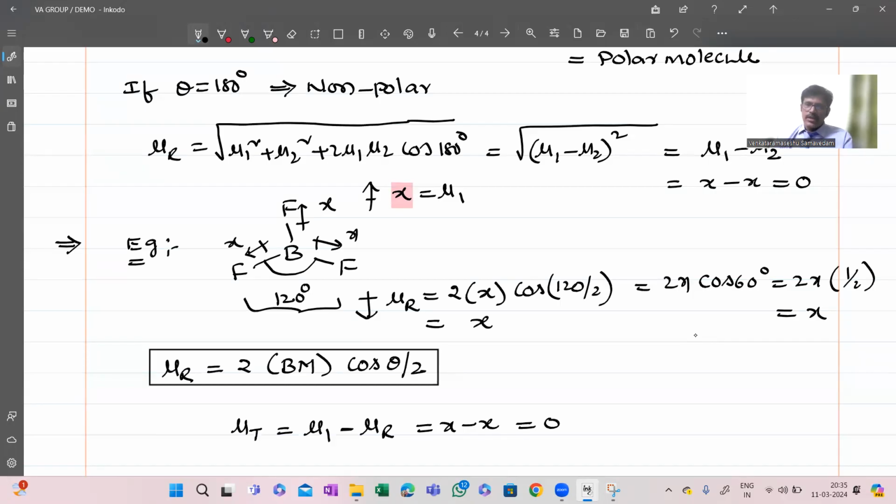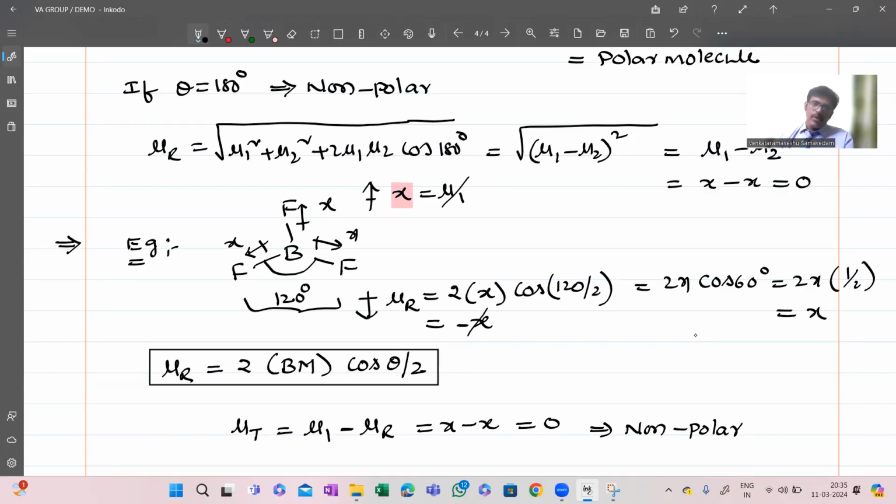This is also x. Both are opposite, that is why I am using the minus sign. Or otherwise, x minus of minus x, here x is opposite, like this also I can cancel it. Or otherwise I can take mu1 minus mu resultant. Mu resultant is x, and mu1 is already x. x minus x is equal to 0. Then the molecule is non-polar.